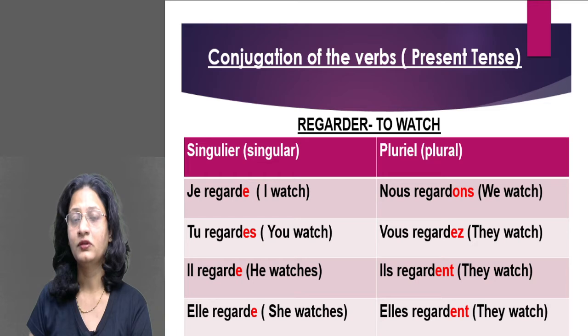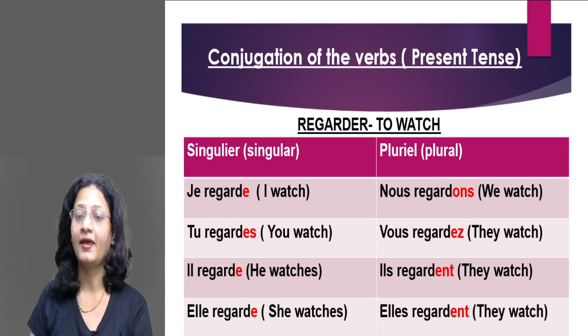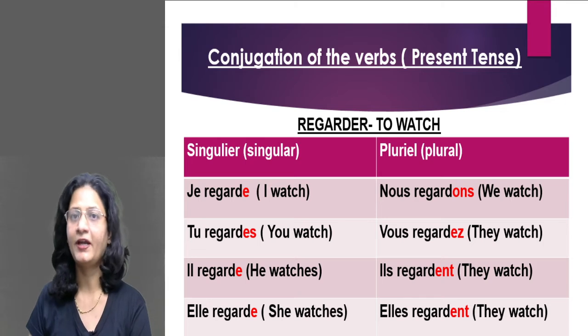Nous regardons. Vous regardez. Ils regardent. Elles regardent. So we are doing the same thing. We remove ER and we add E, ES, E, ONS, EZ, ENT and ENT.